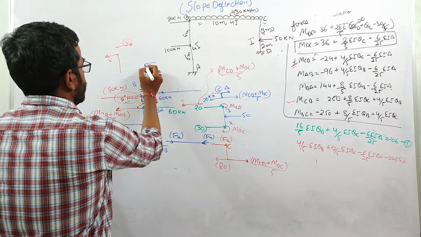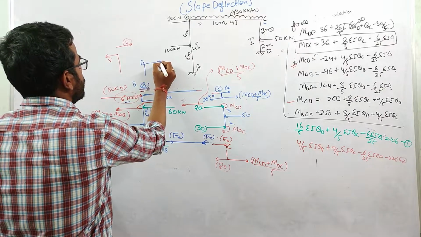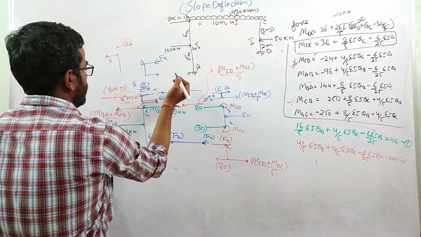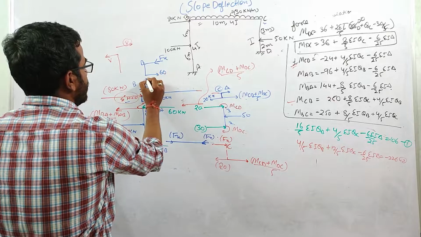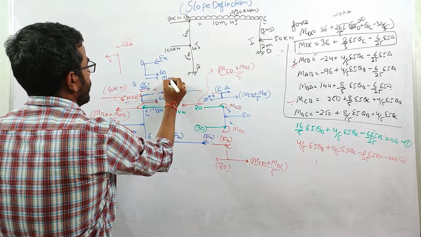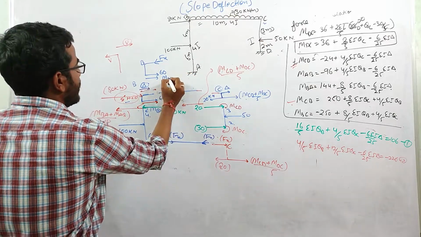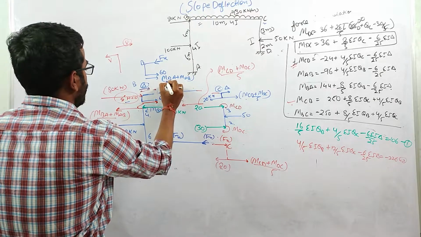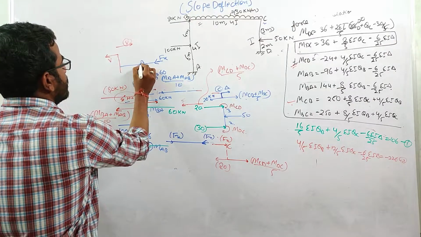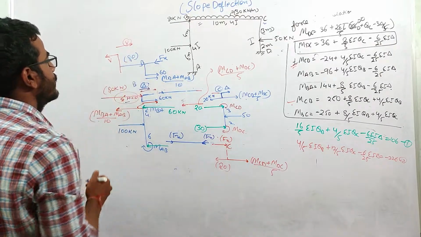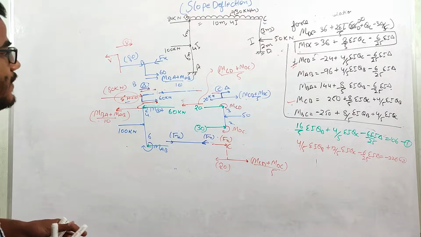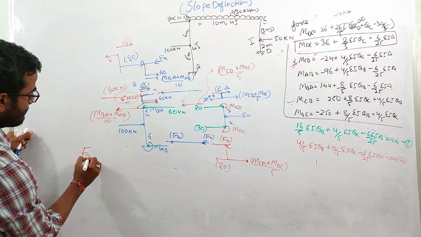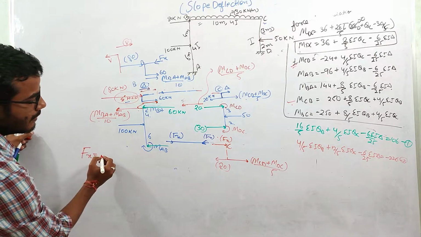If this is your B joint, then one force is this Fx, and we have already derived 60 plus MBA plus MAB over 10, and this is 80 kilonewton, right? So Fx we can calculate like this.